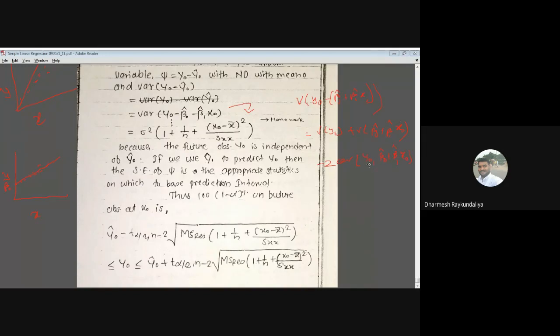You have to show that the covariance between y0 and beta 0 cap is 0, and the covariance between y0 and beta 1 cap is 0. So this part vanishes, and it is the variance of y0 plus this.